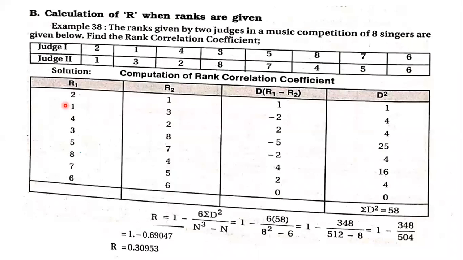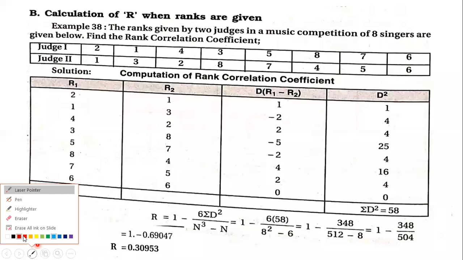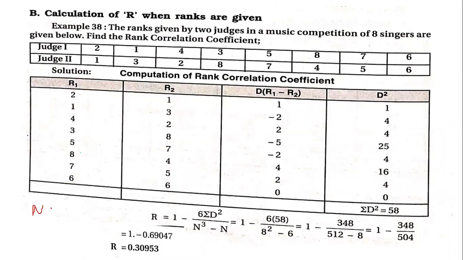Now once we know the value of sigma D square, let us check the value of n. 1, 2, 3, 4, 5, 6, 7, 8. So the value of n is equal to 8. We have 8 data given to us here. So R = 1 minus 6 sigma D square by n cube minus n. So 1 minus 6 into 58 divided by 8 cube.